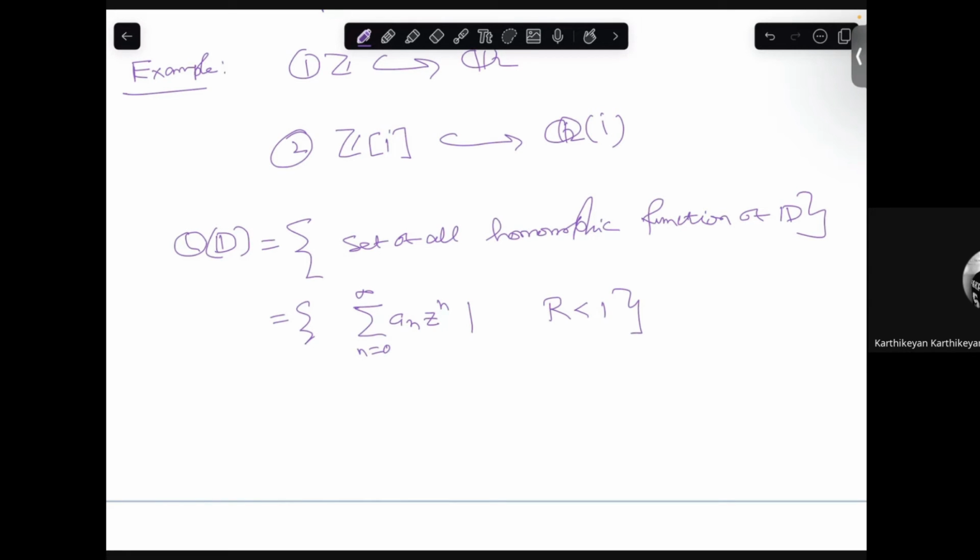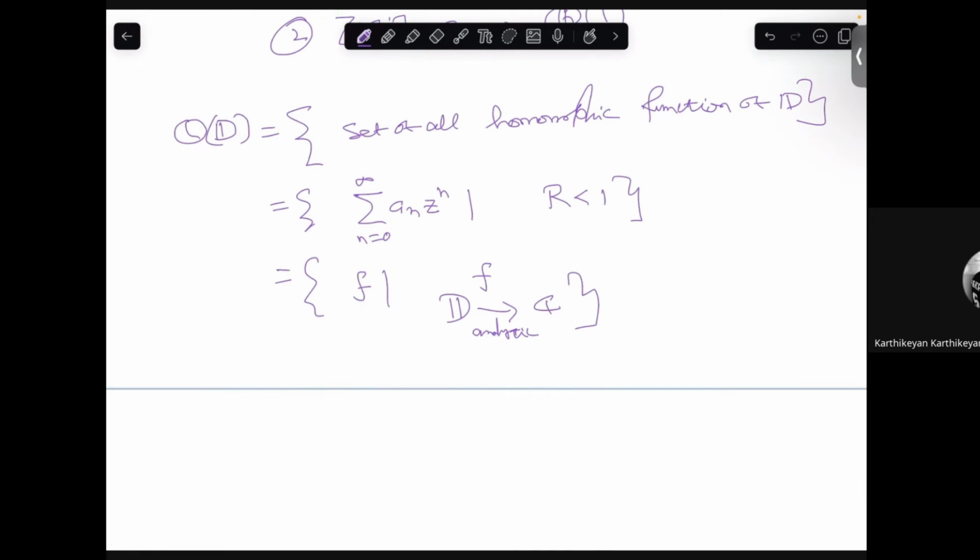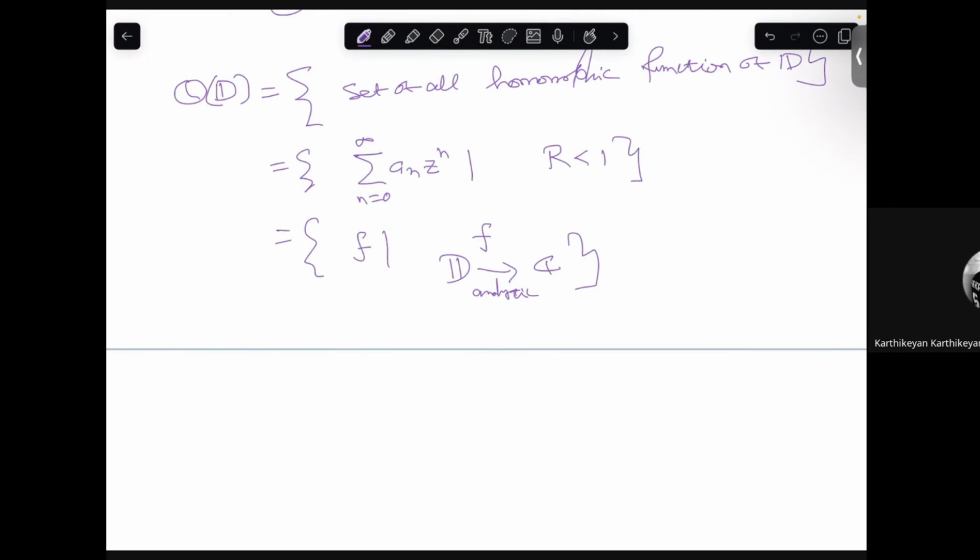But I don't like to think of it that way. I wanted to think of it by description, as functions from D to C, which we call holomorphic or analytic. The modern word people use is analytic. Old people use holomorphic. I don't know why. Okay, it's the set of all holomorphic or analytic functions from the open unit disk to C.